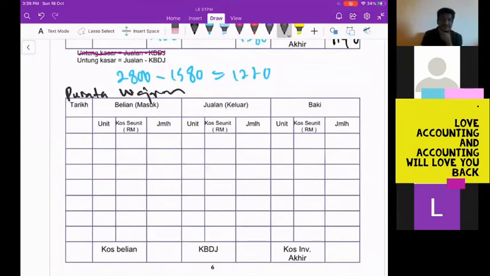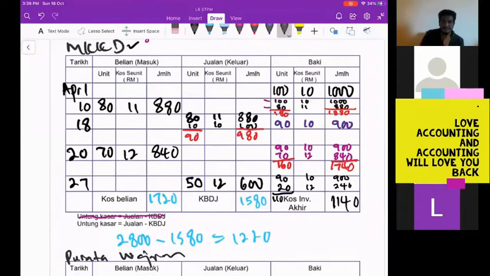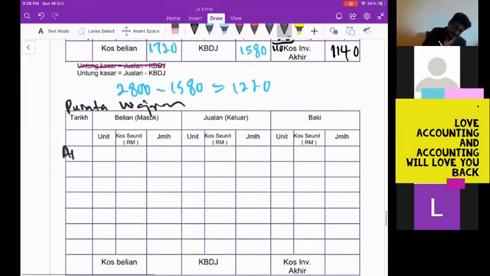Can I do? First one, sir, can you go up a little bit? Yes, I go up. Same thing. April 1, I got 100 unit, 10 ringgit, 1000.